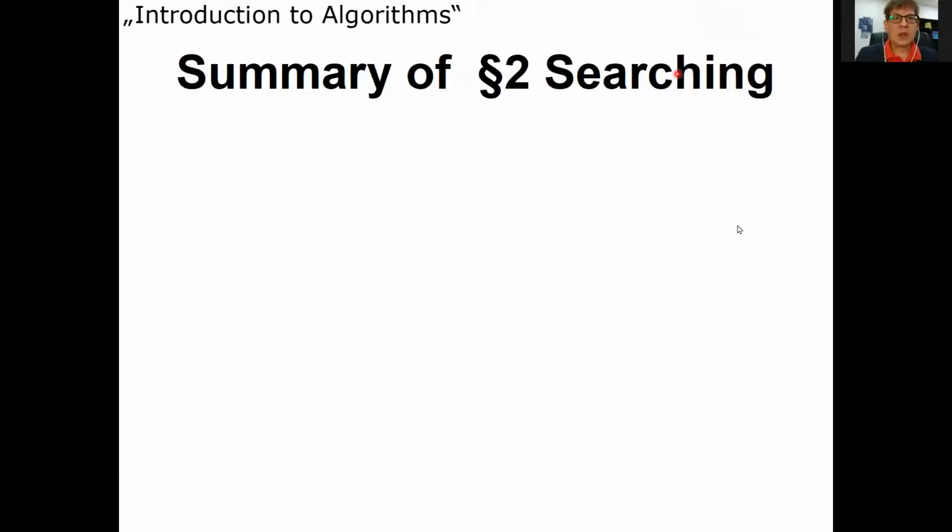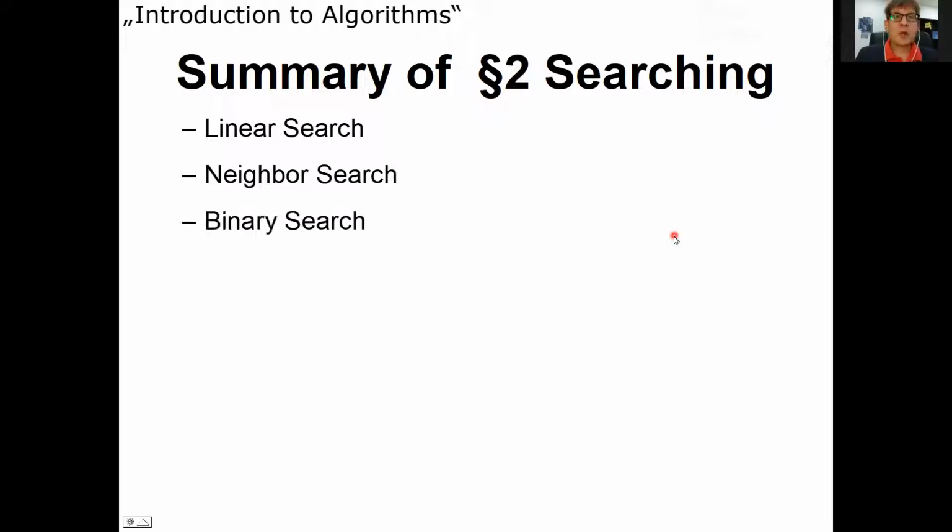We already talked about linear search. I'm briefly going to recall that. We talked about neighbor search, which is a refinement; the specification is a refinement of linear search. We talked about binary search and uniqueness, provided that the data is already sorted.